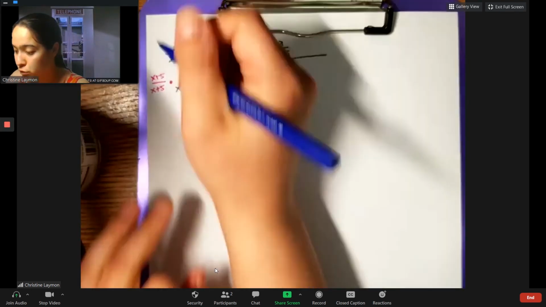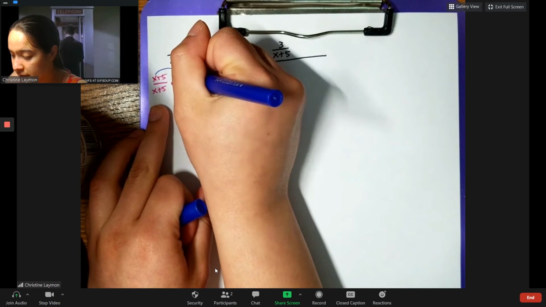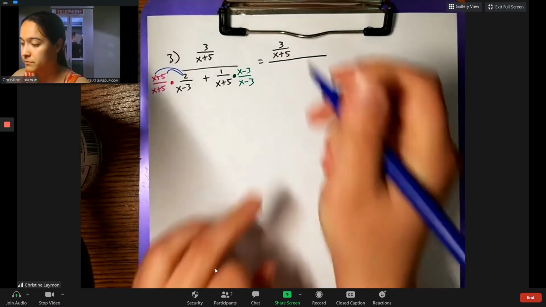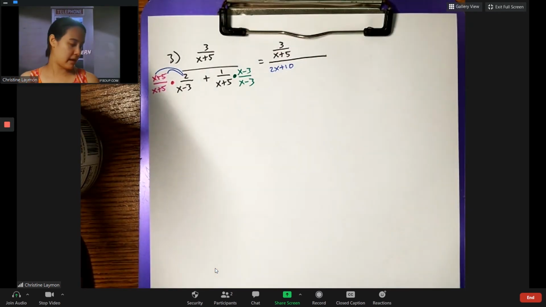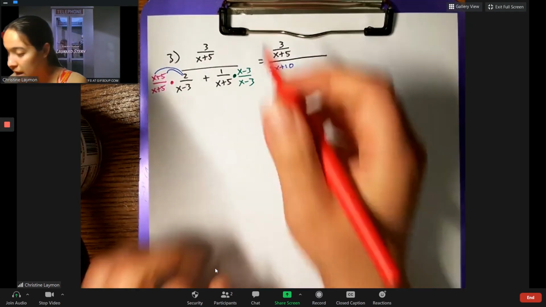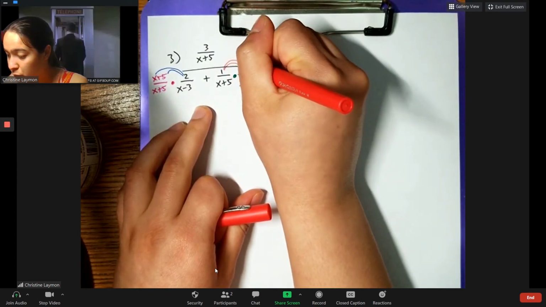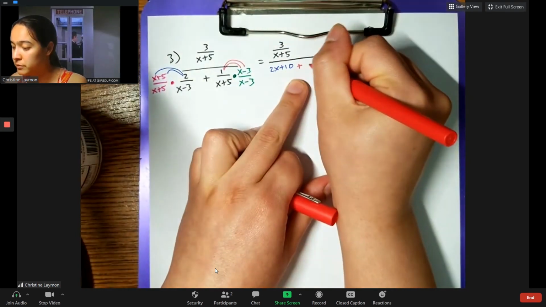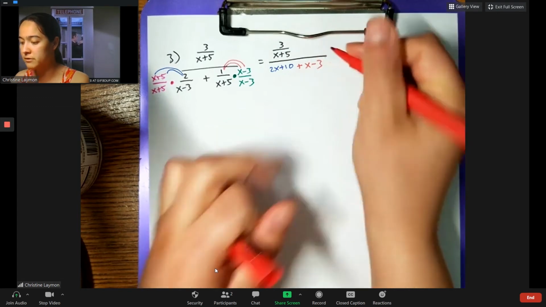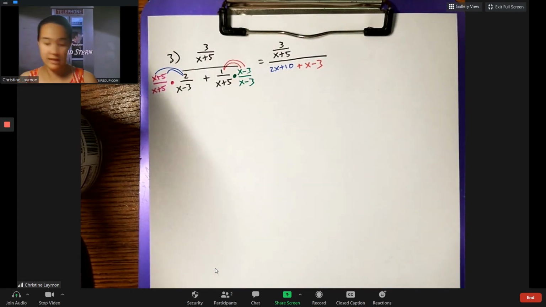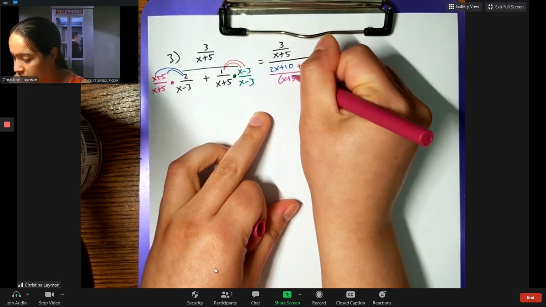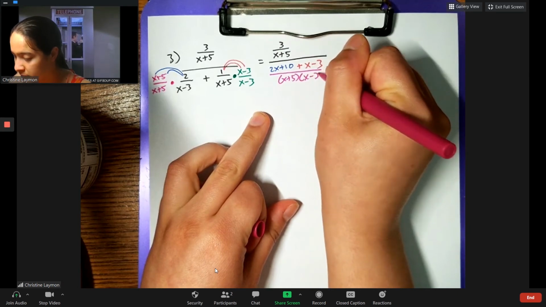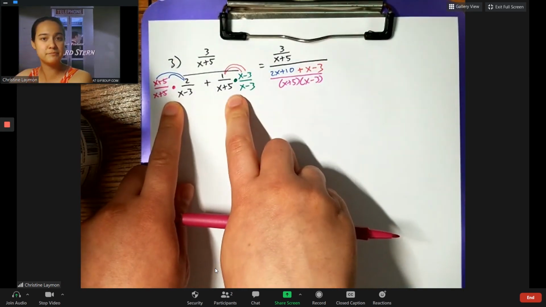So we're going to do 2 times x and 2 times 5. So I have 2x plus 10. And on the other side, I'm going to have 1 times x and 1 times negative 3. So plus x minus 3. And the nice thing is, everything in that bottom now is (x plus 5) times (x minus 3), because I got common denominators.